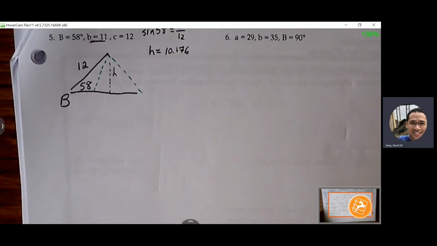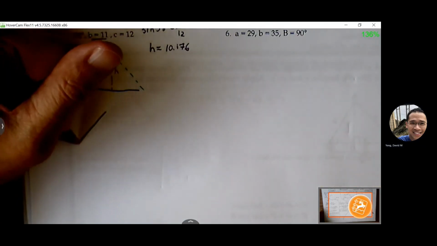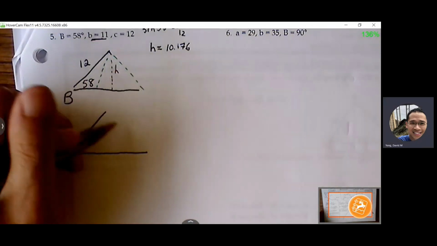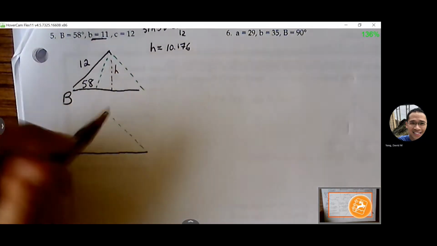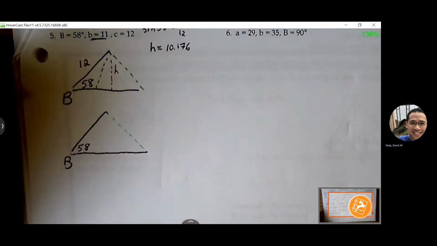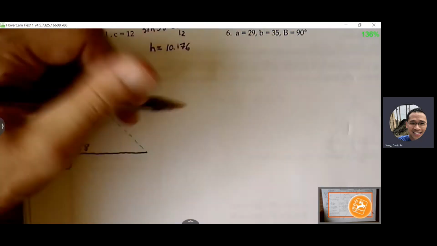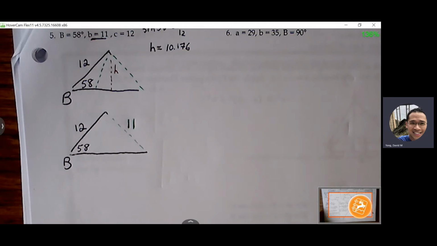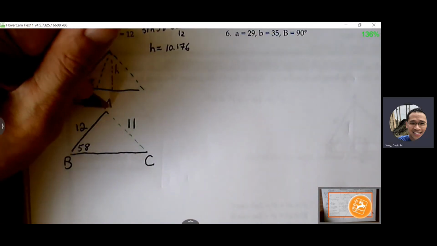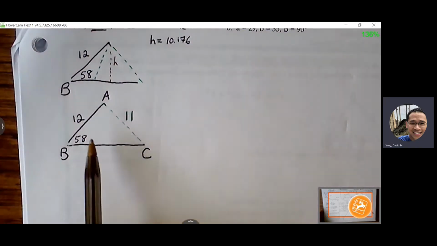Okay, so let's just focus on trying to get the large triangle first. Okay, so law of sines.